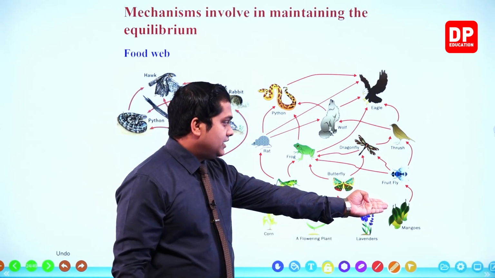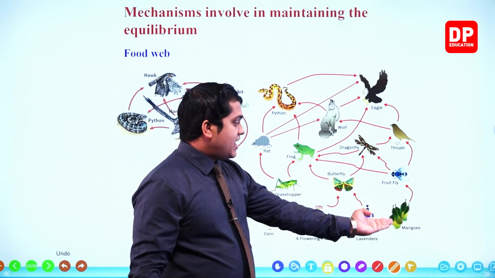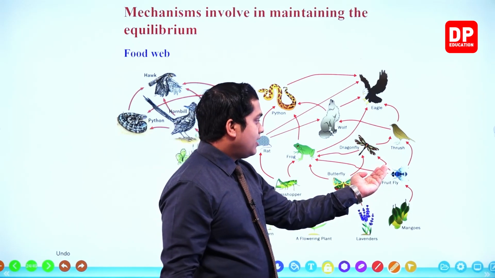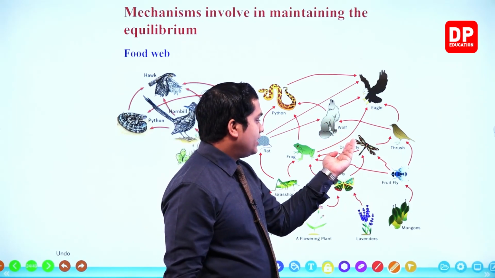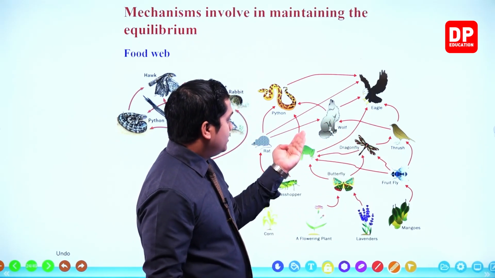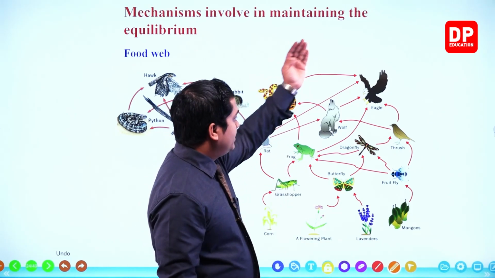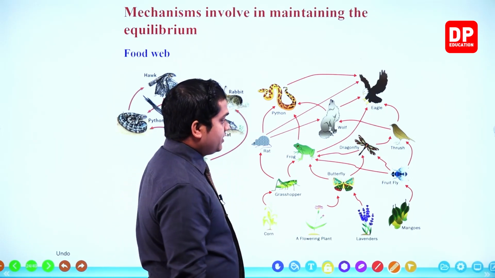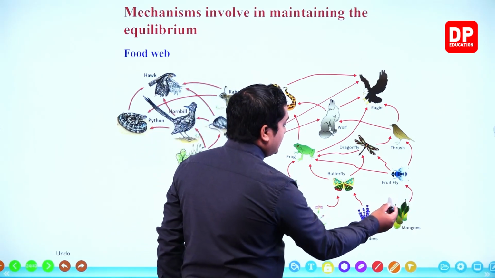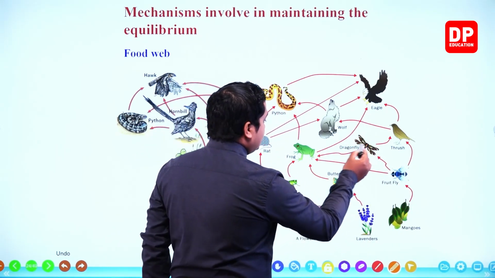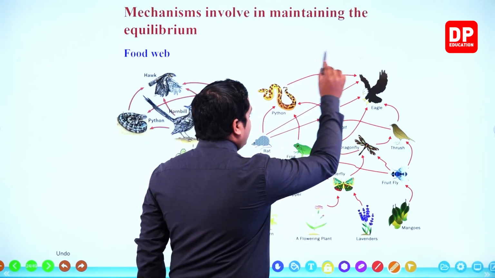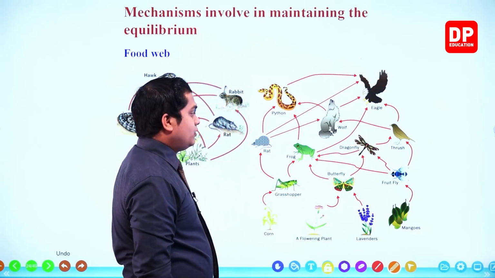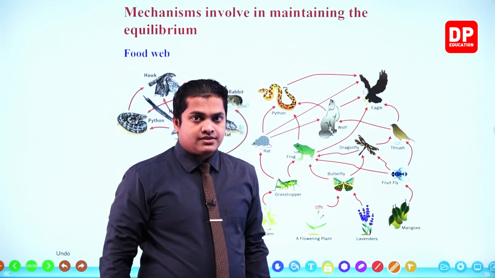Now, if you take the one which is over here, mangoes, being eaten by fruit fly, being eaten by dragonfly, being eaten by the frog, being eaten by the python, being eaten by the eagle. See how the energy is being transmitted. There are several links. Each individual contained within the food chain is referred to as a link, right?